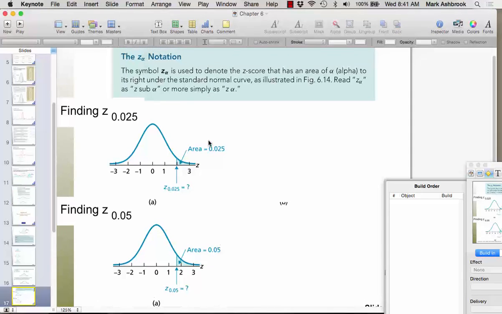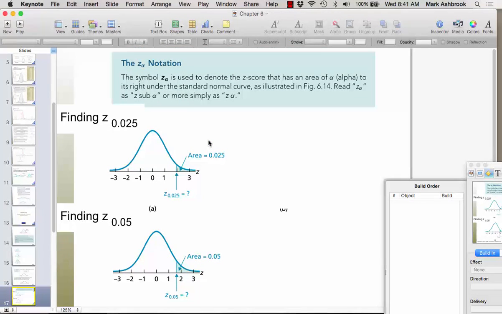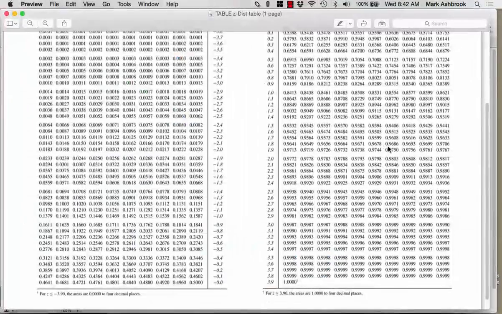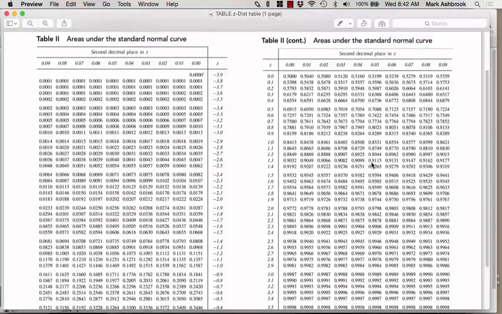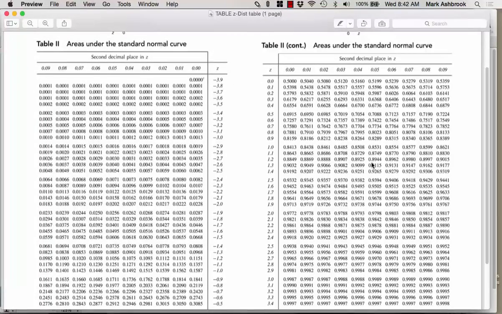So that's this z alpha notation. Remember, z alpha notation is referring to a z-score that has an area to the right of whatever that subscript is. Okay, so let's do this one. So what is z of 0.05? What area are we going to be looking for? 0.995?